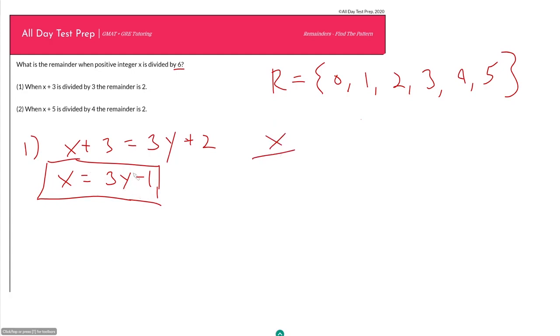So if we start with when y is equal to 1, x is equal to 3 times 1 minus 1, which is 2. Then when y is 2, x would be 3 times 2 minus 1, so that would be 5. So it looks like we're going up by 3 each time. So here are some possible values for x.